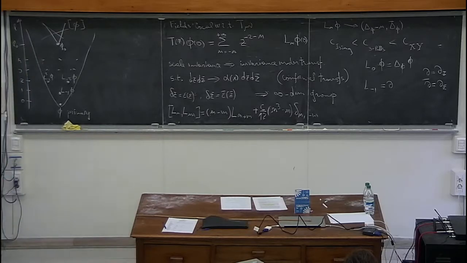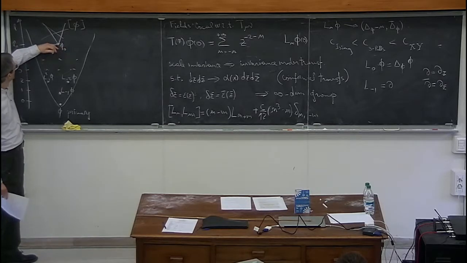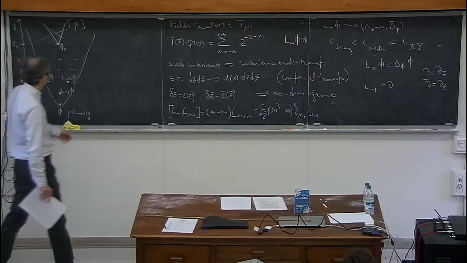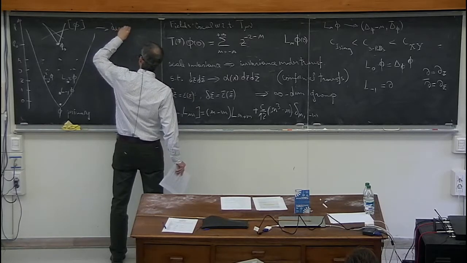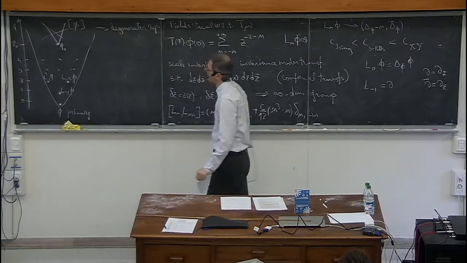And when you do this procedure, the representation you get, so in particular you see that you will get a representation in which now the number of states starting from this level is lower than the generic case. So the irreducible representation you get after this procedure is called a degenerate representation. So this gives a so-called degenerate representation of the algebra.